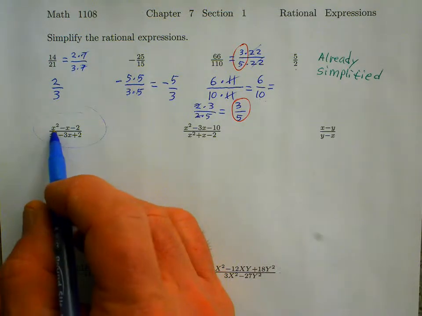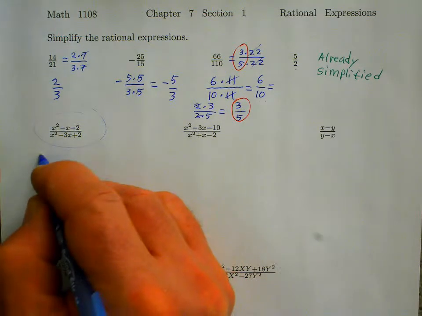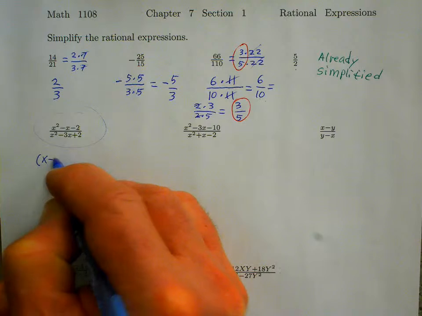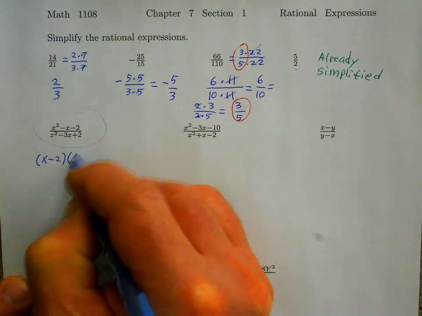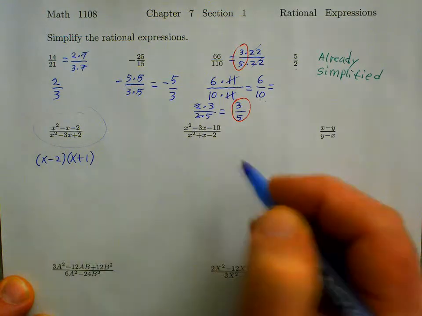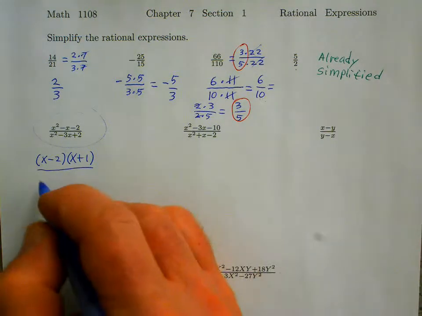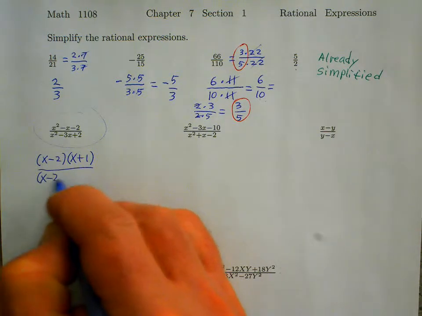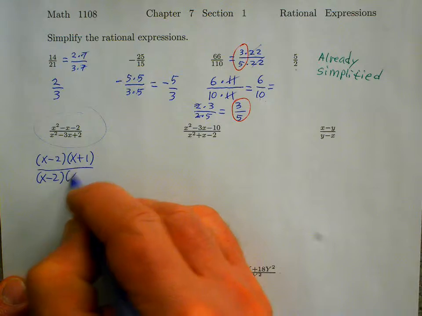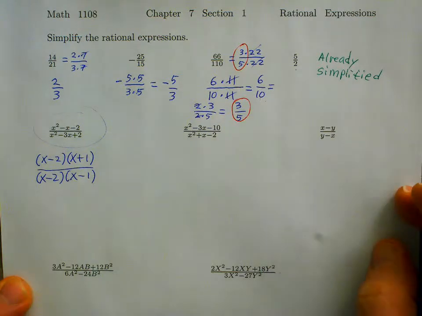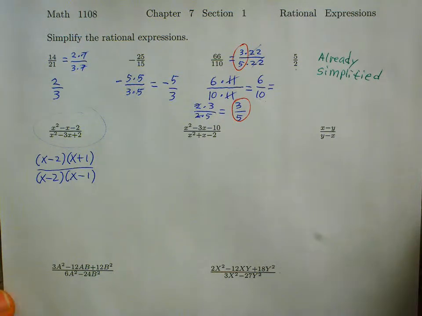So we can factor the numerator. The numerator turns out to be x minus 2 times x plus 1. The denominator turns out to be x minus 2 times x minus 1 when you factor the numerator and the denominator.